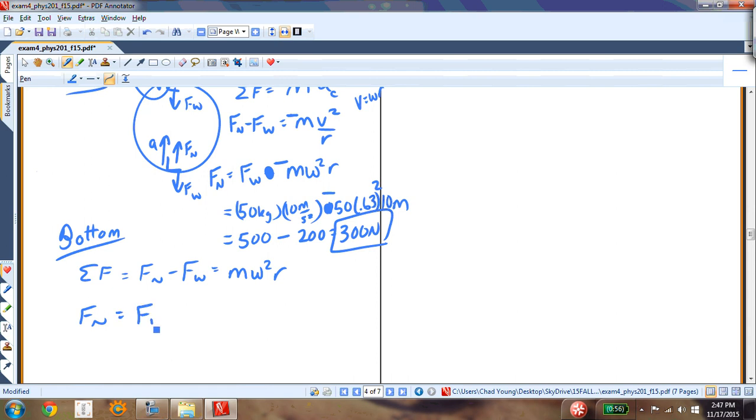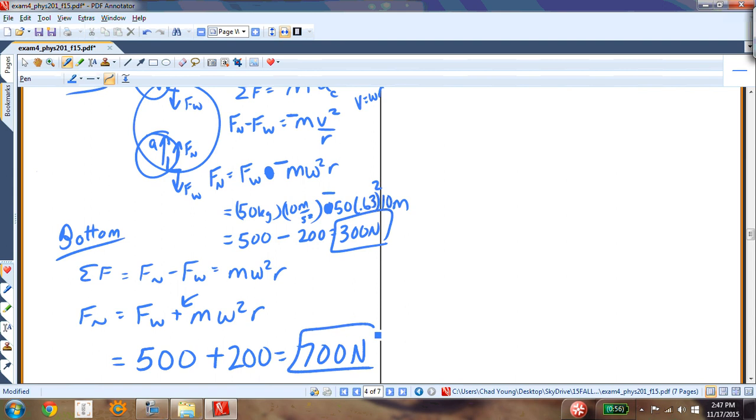Fn then is Fw plus m omega squared r. But now I'll keep this as a positive because my acceleration is in the positive y direction at the bottom. So it's going to be 500 plus 200, which is 700 newtons.